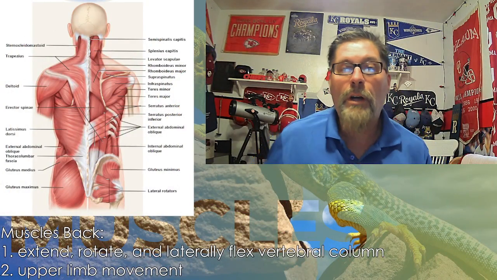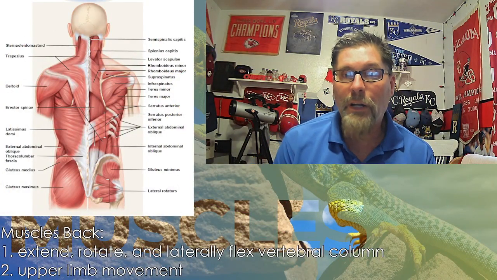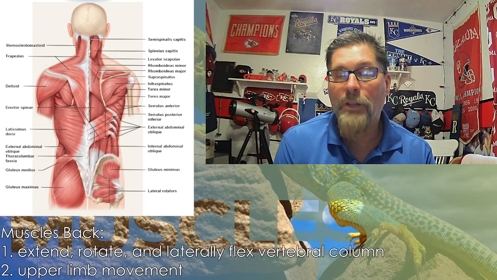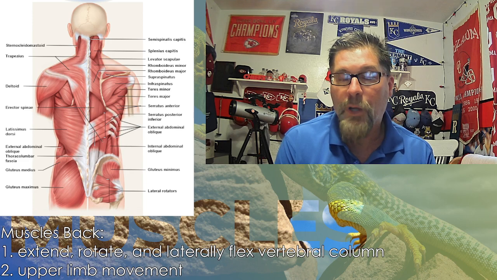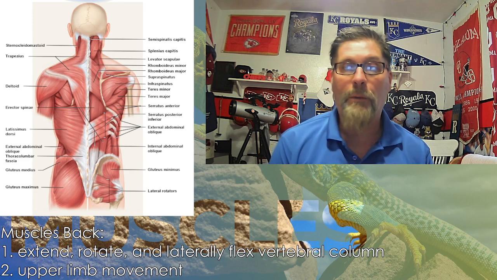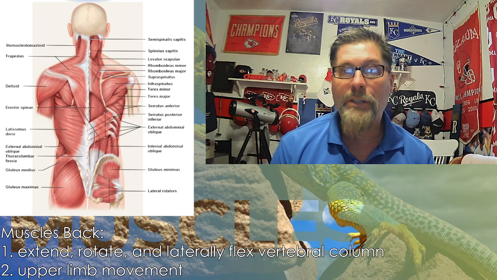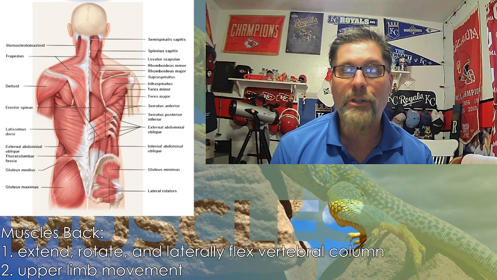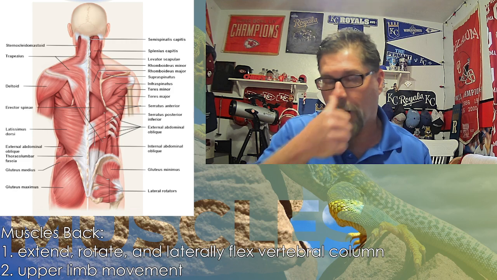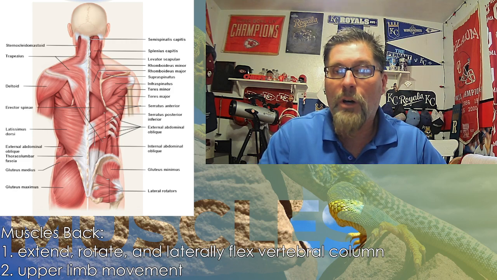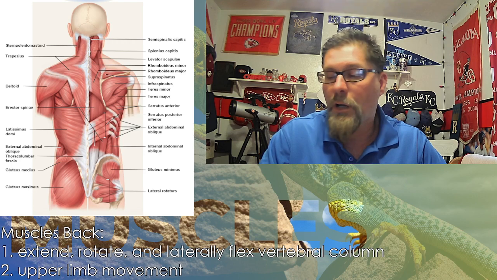Rotating to the back side here, there are lots of muscles back there, and we'll get into those individually, both in this format and of course in class looking at models. But these do a lot: lifting, moving, stabilizing the posture, keeping the body upright, all those things associated with a good strong set of back muscles.